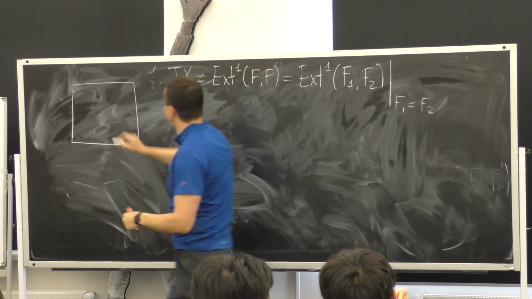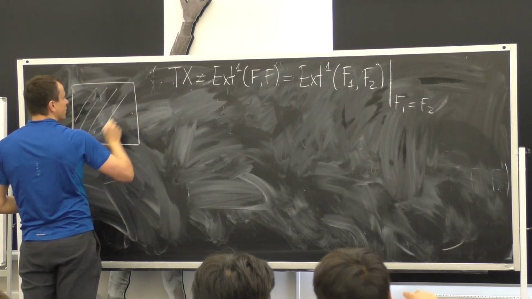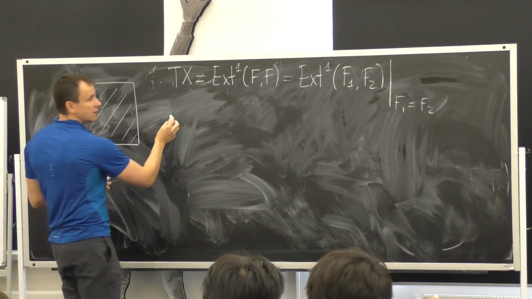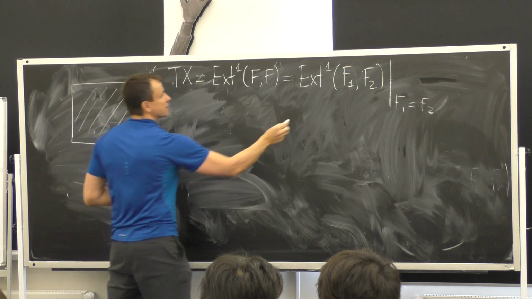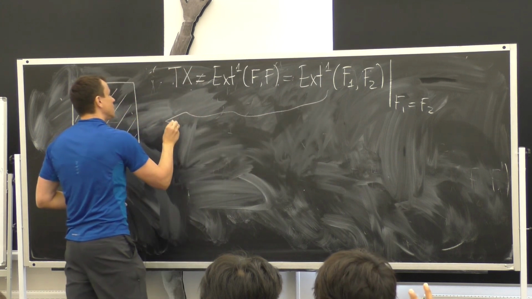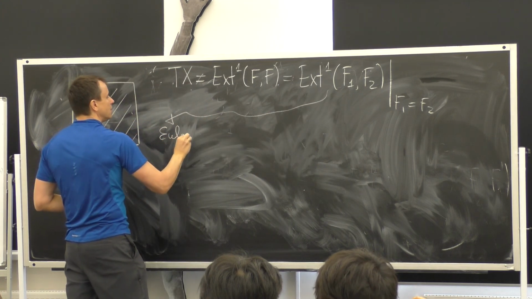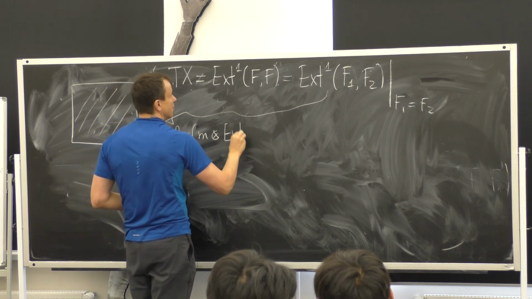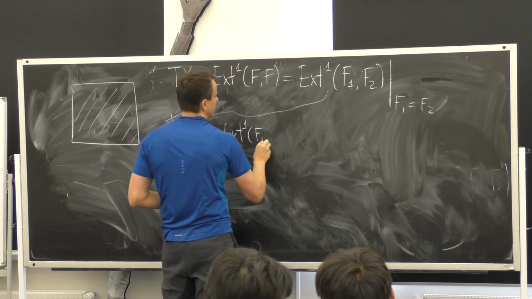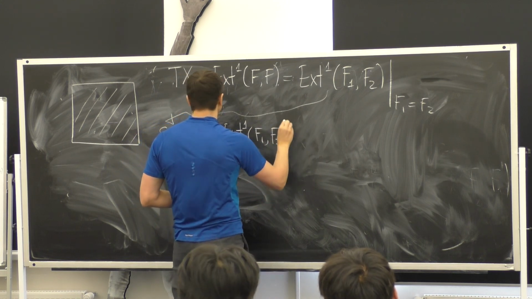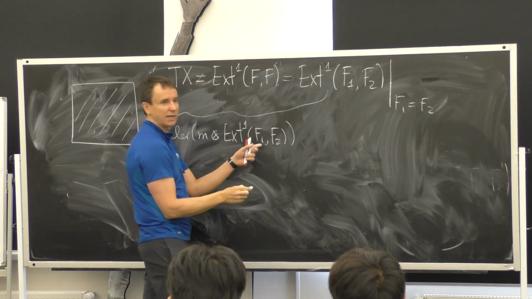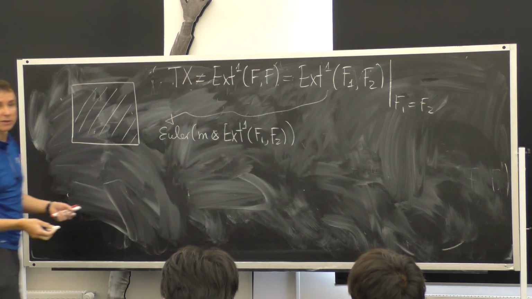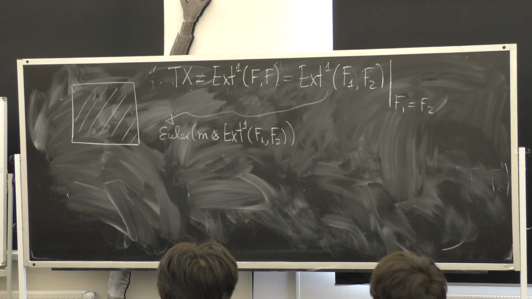So in fact, there's some operator you can define on the whole product. That is the Euler class of m times this Ext^1 between f1 and f2. And the dual doesn't really matter. All these varieties are symplectic. You can replace the other way around. And that is some operator now.